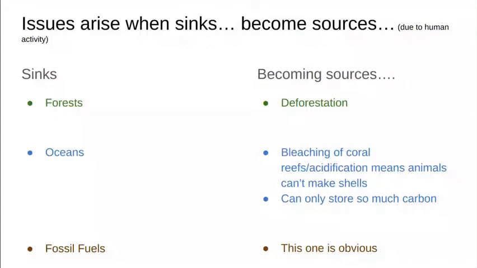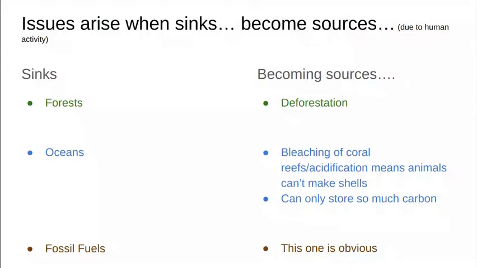The oceans are another huge sink of our carbon. When we start getting lots and lots of carbon into our water, coral reefs start to bleach. The carbon actually makes the water more acidic, which means that animals aren't really able to create shells.